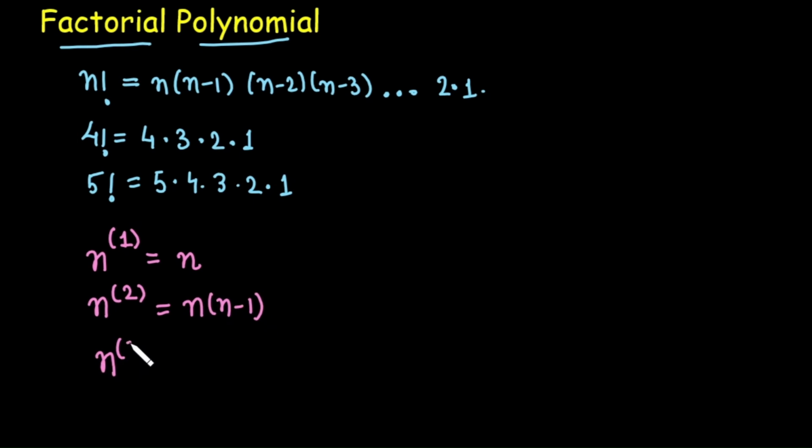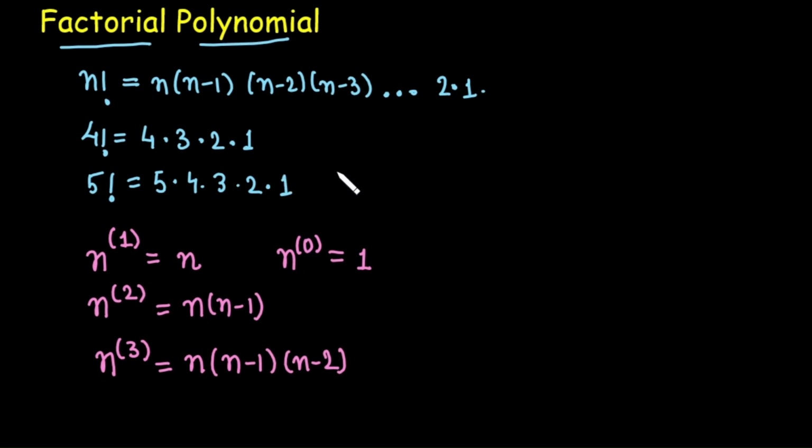N raised to power 3 factorial polynomial means we need a polynomial from the factorial by taking first three terms. First term is n, next term is n minus 1, its next term is n minus 2. And when we say n raised to power 0 factorial polynomial, that is equal to 1.